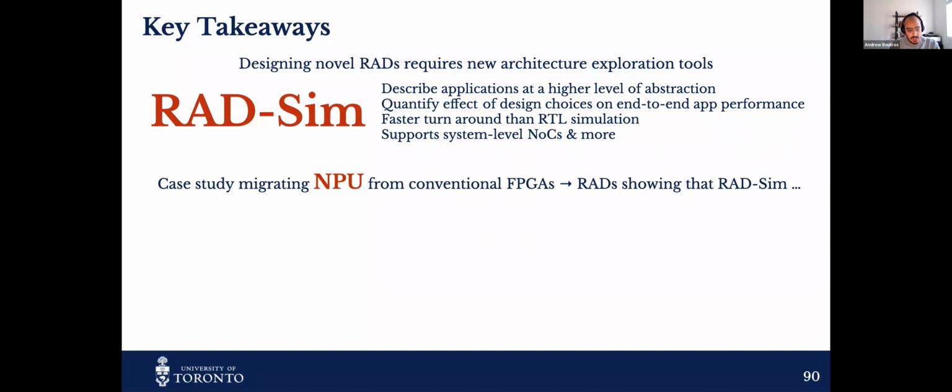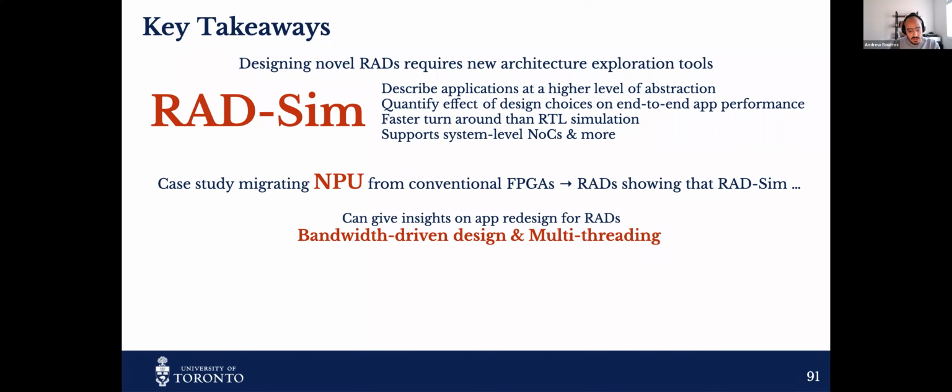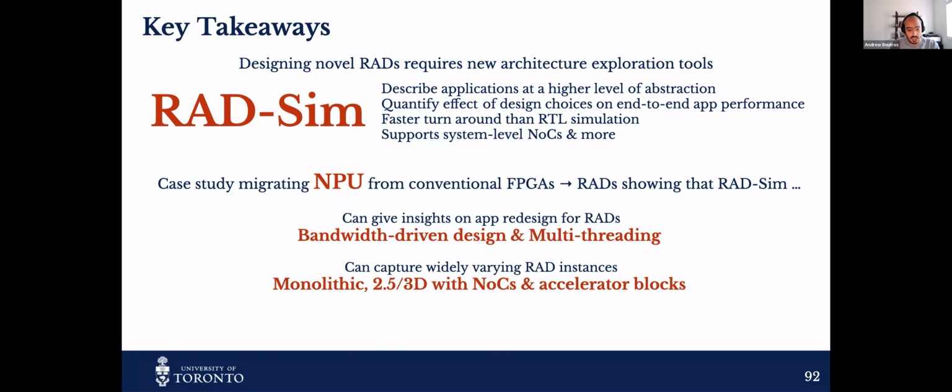And then I showed this case study of migrating the NPU from a conventional FPGA to a RAD. And we showed that RAD-Sim can give insights on how you can restructure or redesign your application to be better suited for RADs. So I've shown 2 examples for that, the bandwidth-driven design, and then multi-threading the NPU to be more suitable for NoC communication.